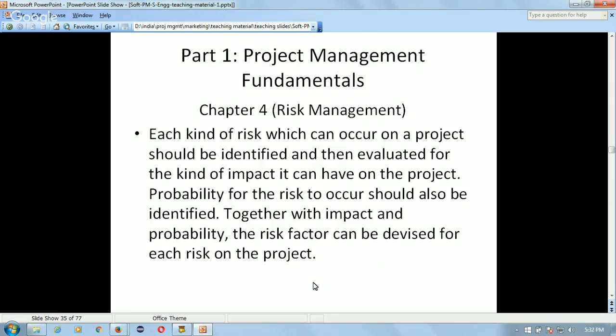Each kind of risk which can occur on a project should be identified and then evaluated for the kind of impact it can have on the project. Probability for the risk to occur should also be identified. Together with impact and probability, the risk factor can be devised for each risk on the project.